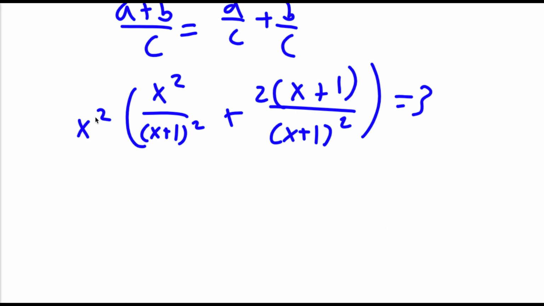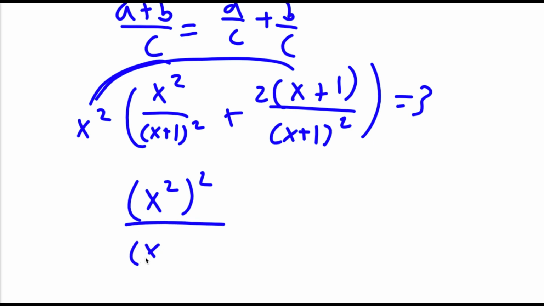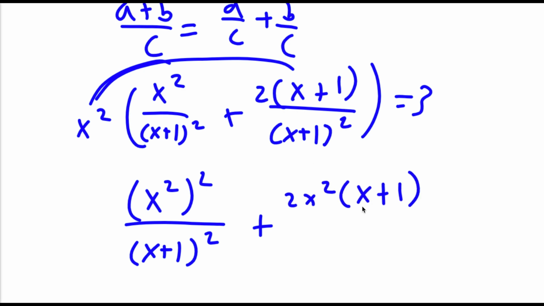Now, finally, I have to distribute x squared, so I'll be multiplying with both terms. So first off, x squared times x squared over (x plus 1) squared is simply going to be (x squared) to the power of 2 over (x plus 1) squared, plus, now x squared times 2 times (x plus 1) is going to be 2x squared times (x plus 1) over (x plus 1) squared.